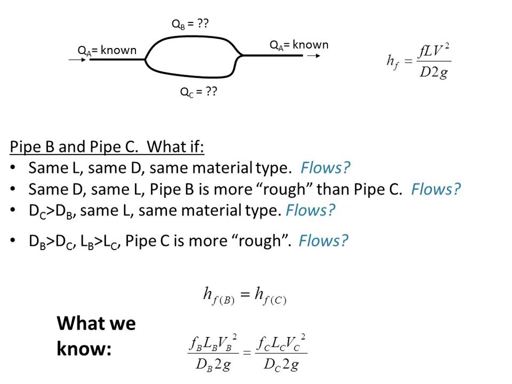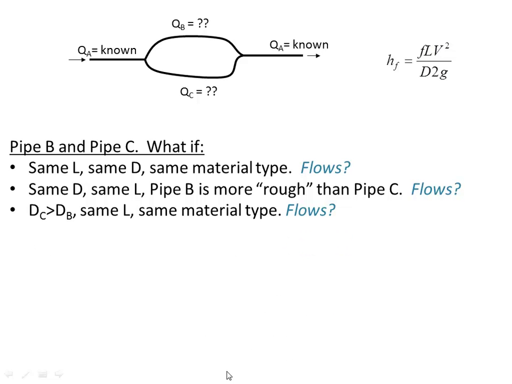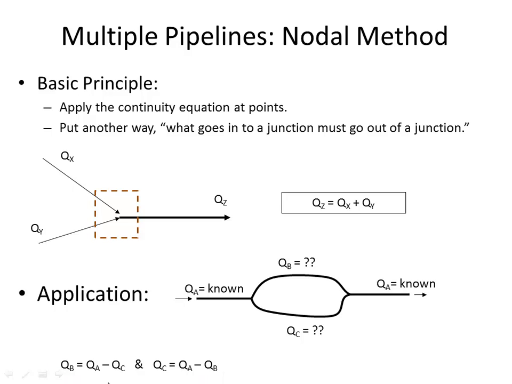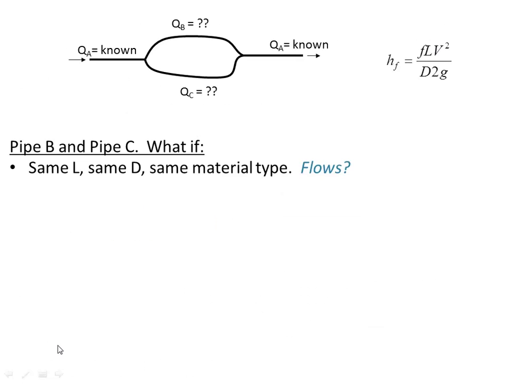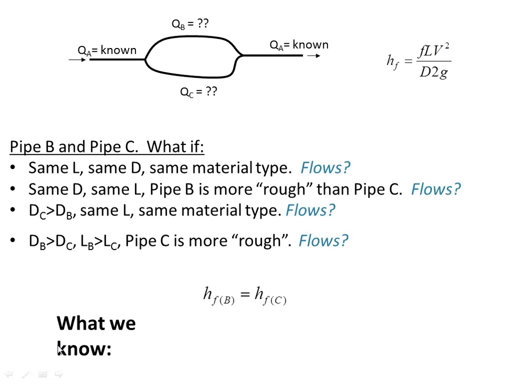What we're going to do is substitute all the known information that we have into the Darcy-Weisbach equation, and then apply these relationships, where the flow rate and therefore the velocities are going to be related in terms of each other. That's the direction we're headed in this nodal method.